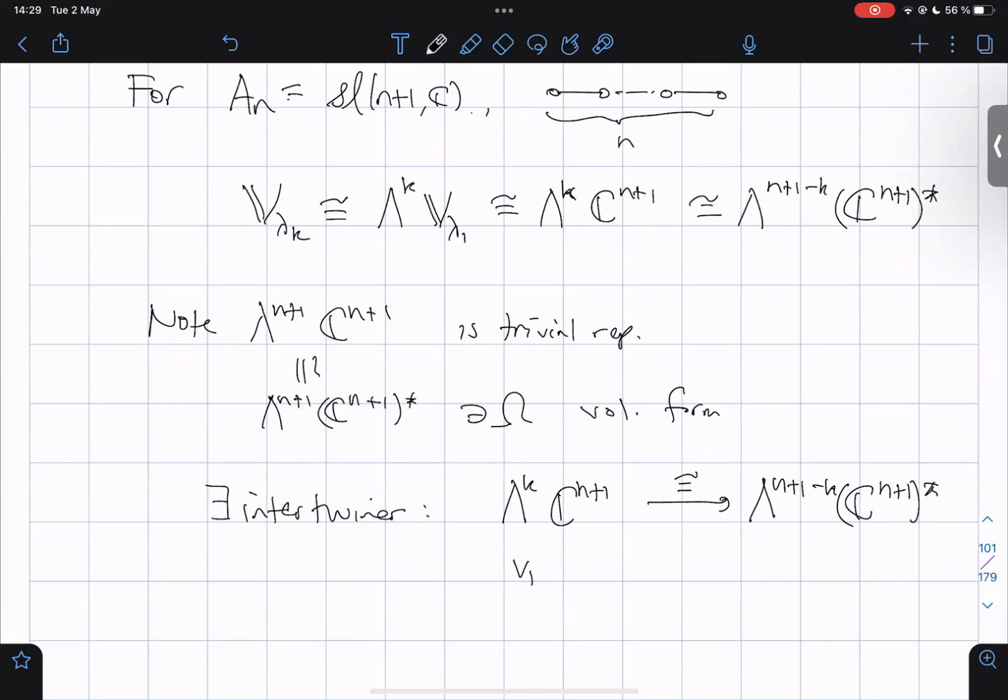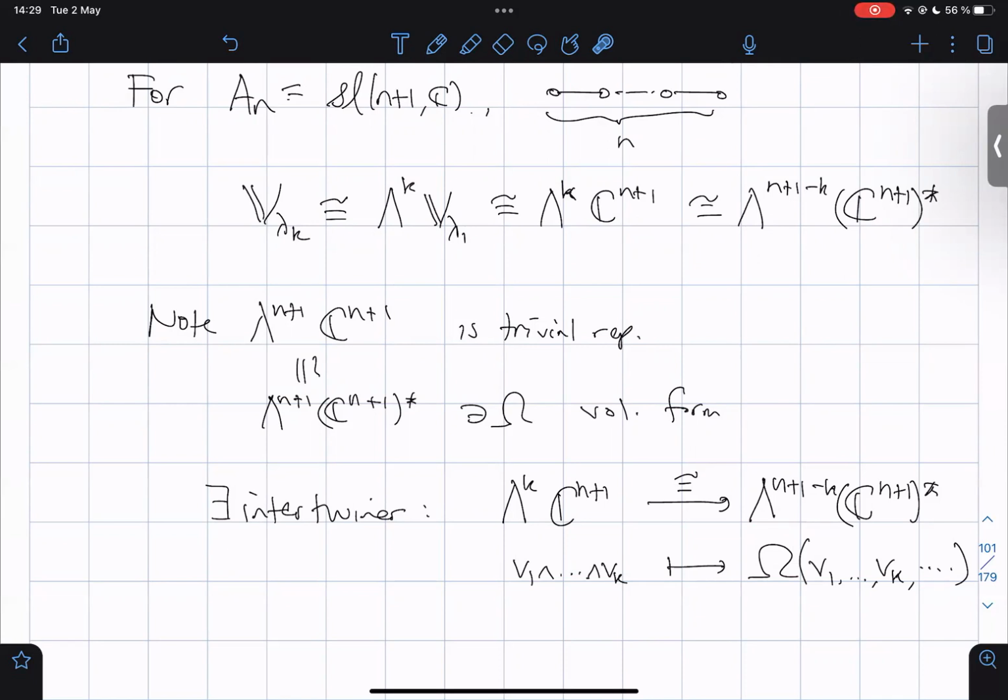Namely, what is this map? You insert these vectors into the first k slots, and then you have n plus 1 minus k slots left over. So that's a certain wedge product of these forms.